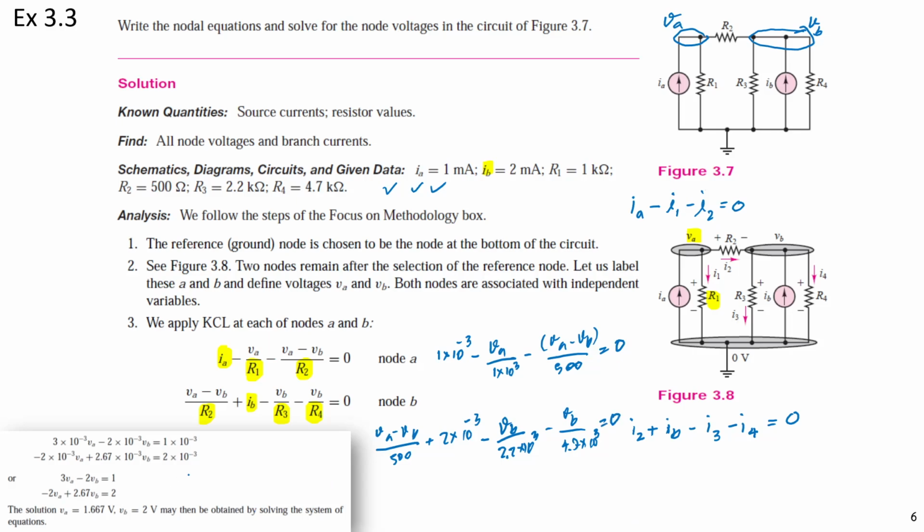And we can rearrange into this form and then this form, and we solve VA and VB here, right? Finally, we know that VA is 1.667 volt and VB is 2 volt.